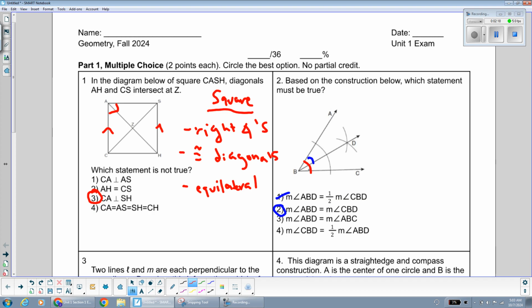That's not true. Angle ABC is double angle ABD. And answer choice 4 says that angle CBD is equal to half the measure of angle ABD. But that's not true. Both of these are equal halves to each other.